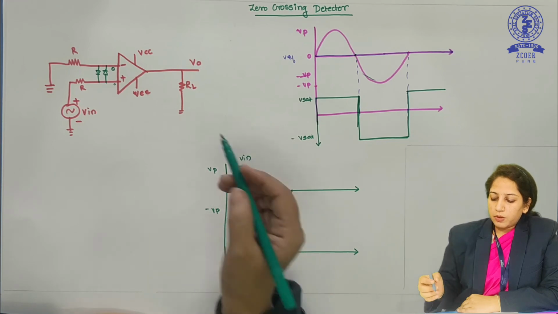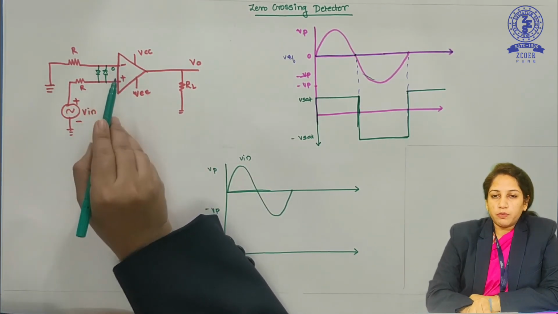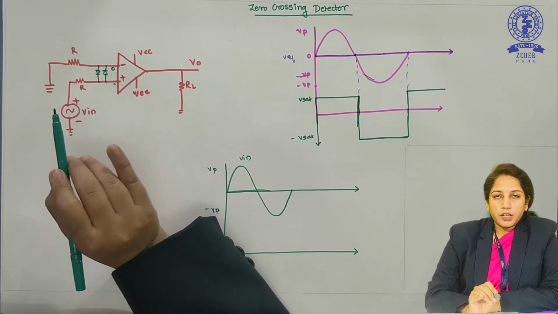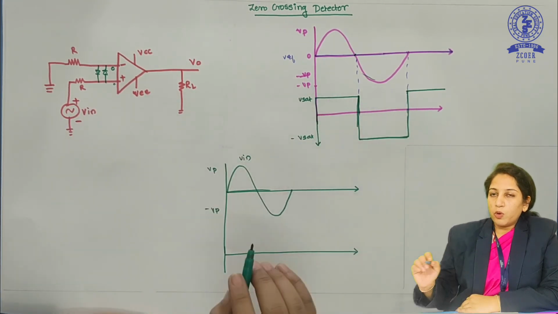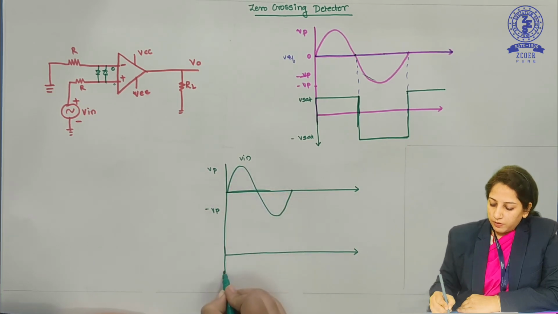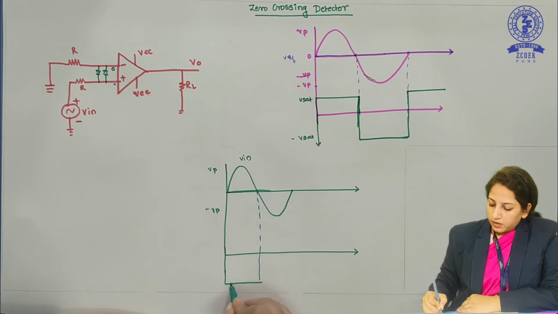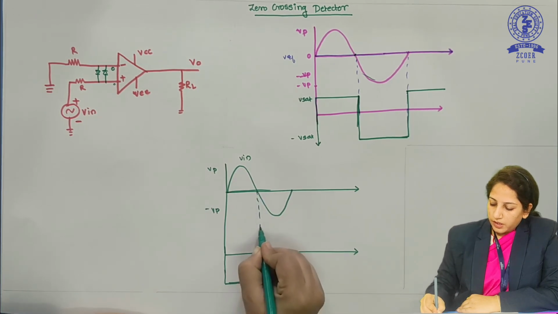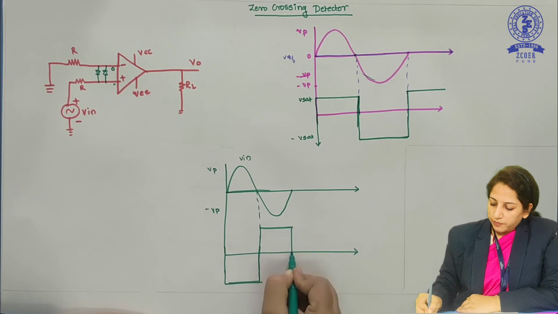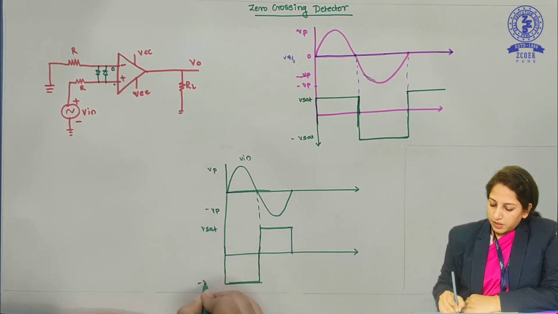Only the output wave changes. For the positive input, that is V in greater than 0, I will get negative saturation, and for the negative input I will get positive. This is V saturation, this is minus V saturation.